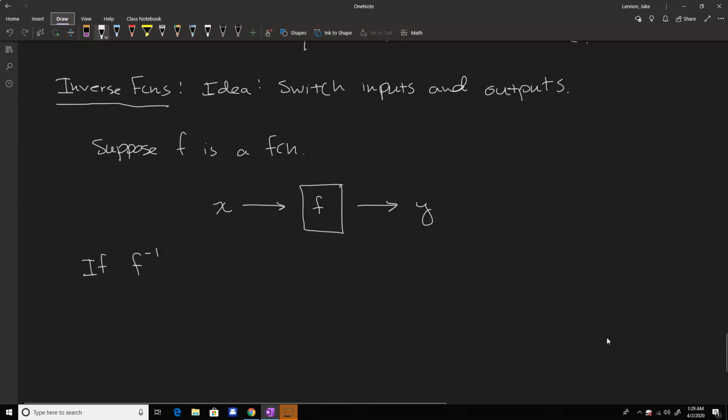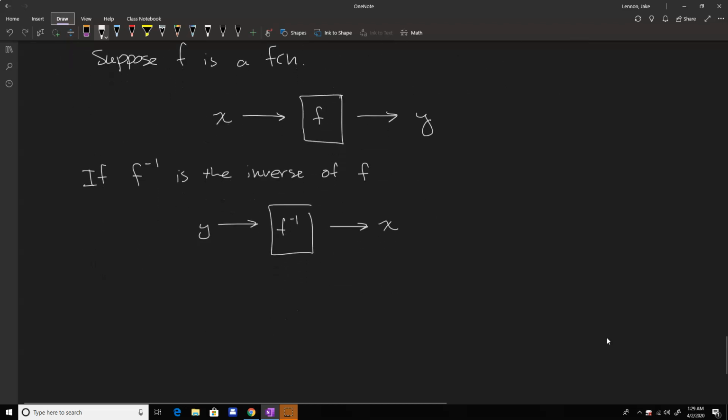So if f inverse is the inverse of f, if you would take the output that you got above and you fed it into this inverse machine, then you would get the original input as your output.